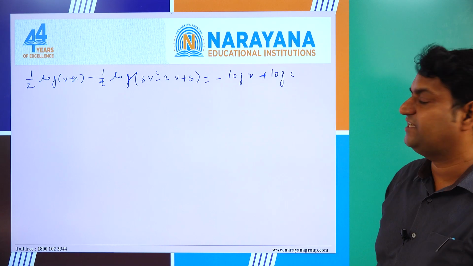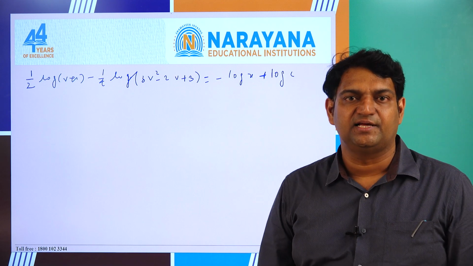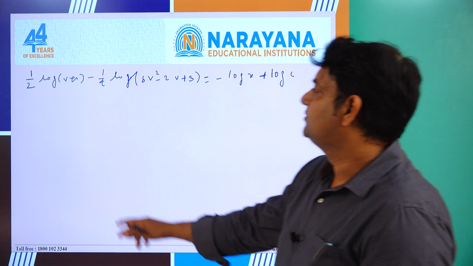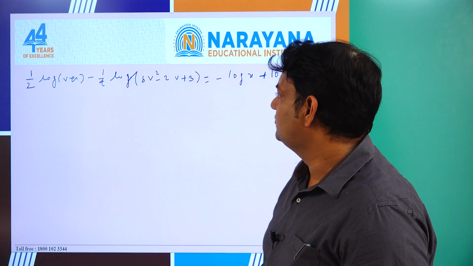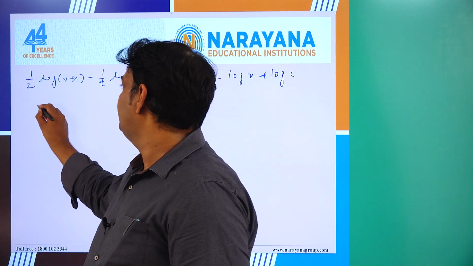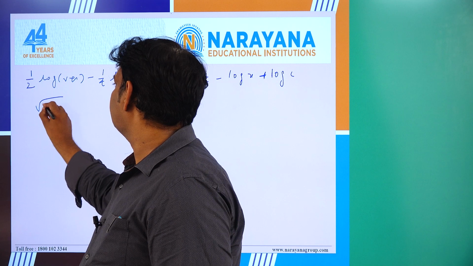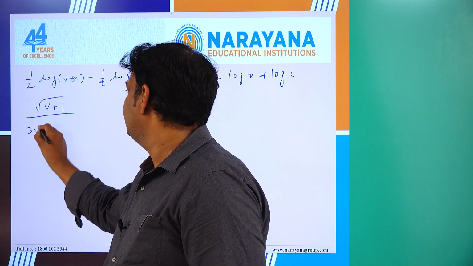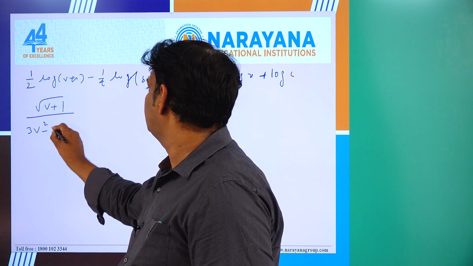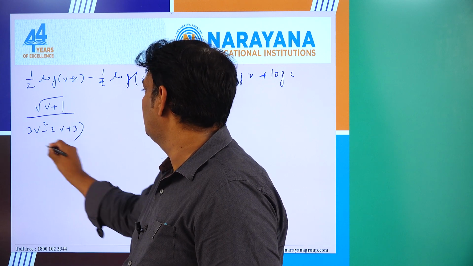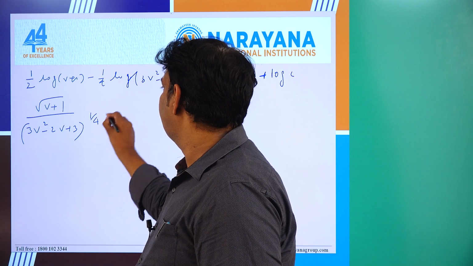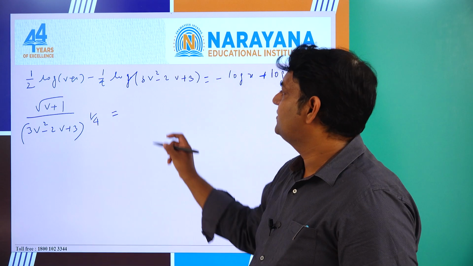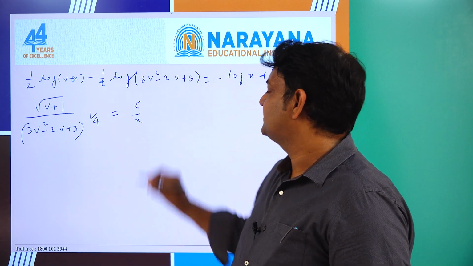On the right hand side, minus dx by x integrates to minus log x. So this is nothing but log, we will cancel throughout. What will you get? The square root of v plus 1 over the whole power 1 by 4 of 3v square minus 2v plus 3 is equal to c by x.